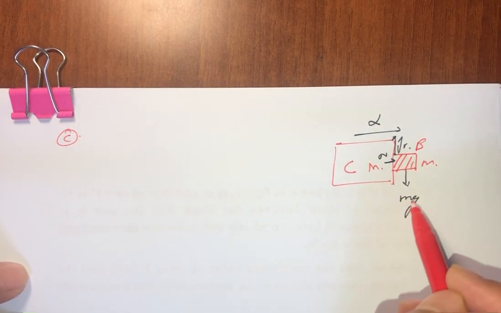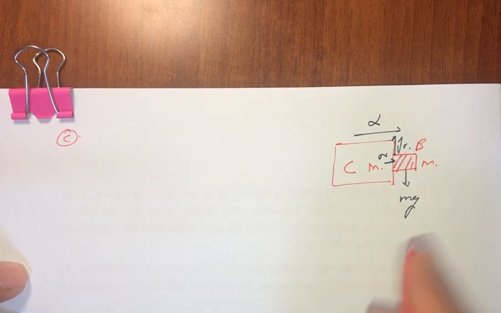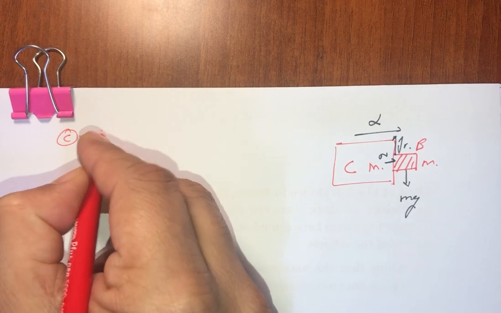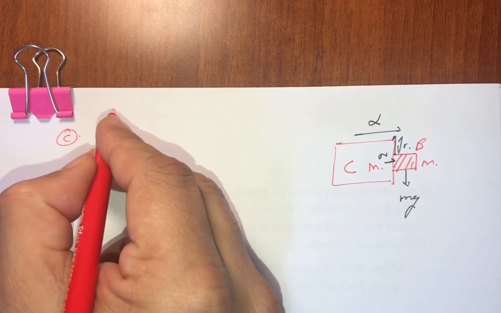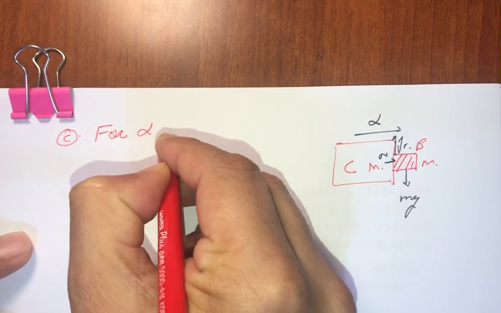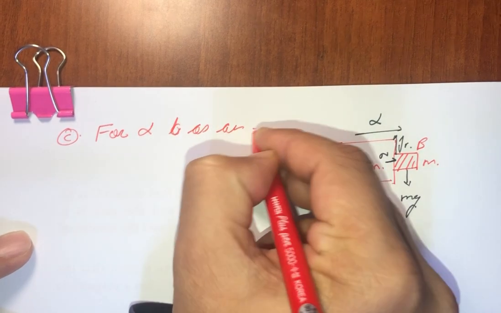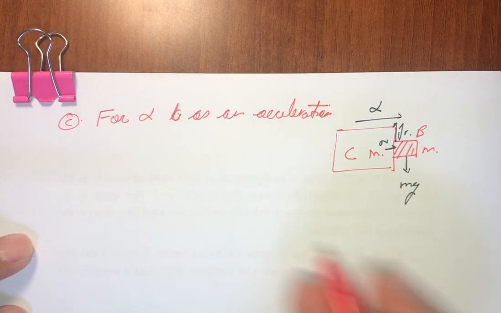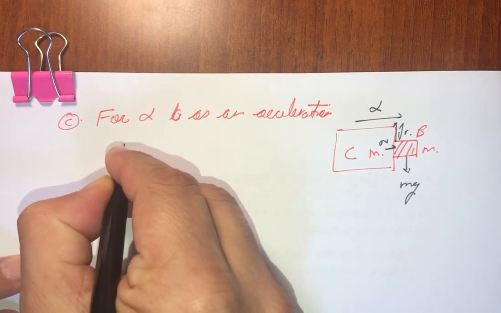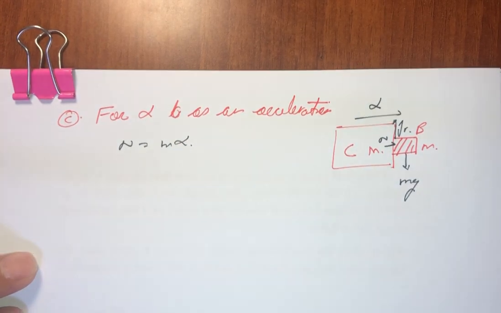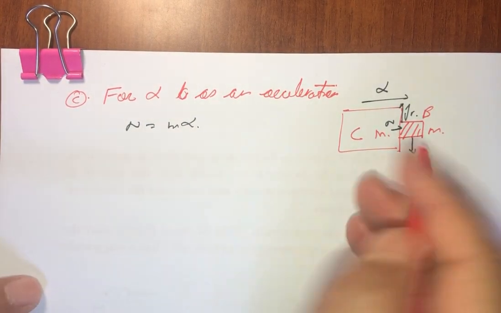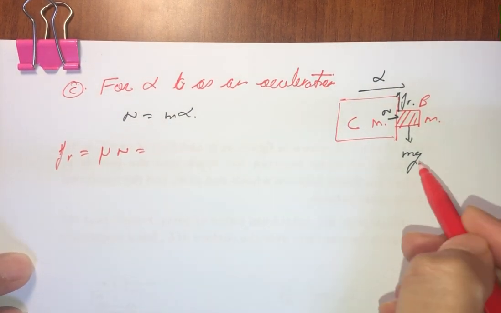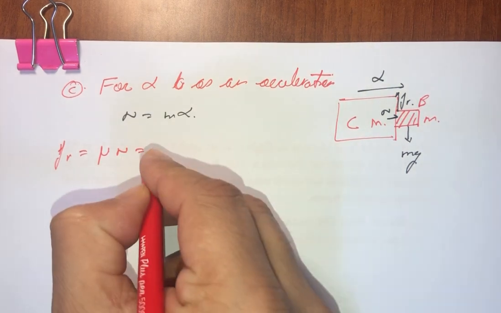You can clearly see that for equilibrium, if alpha is the acceleration, we have N equal to m alpha, and Fr, we can find out that Fr will be equal to mu N, so this will be mu m alpha.